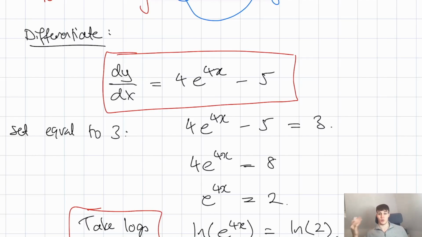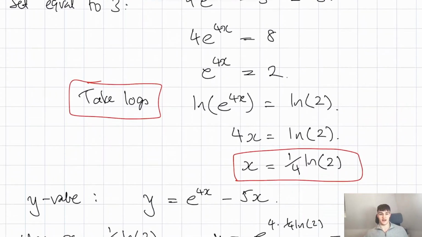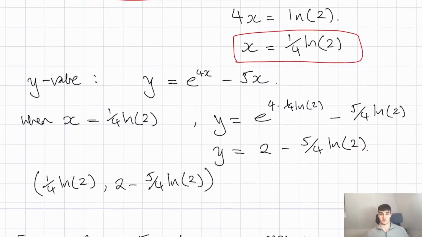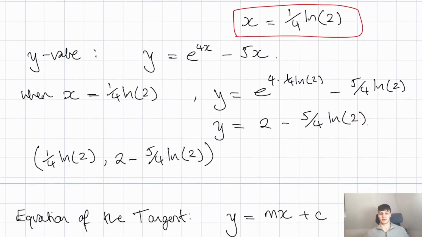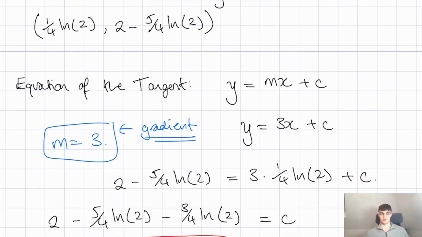We wanted to know where the gradient equals 3, and then we had to solve for the x value, which we did. Once you have the x value, you can work out the y value because it's just on our curve. And once you have both of them, it's the exact same process as before to work out the equation of a tangent.